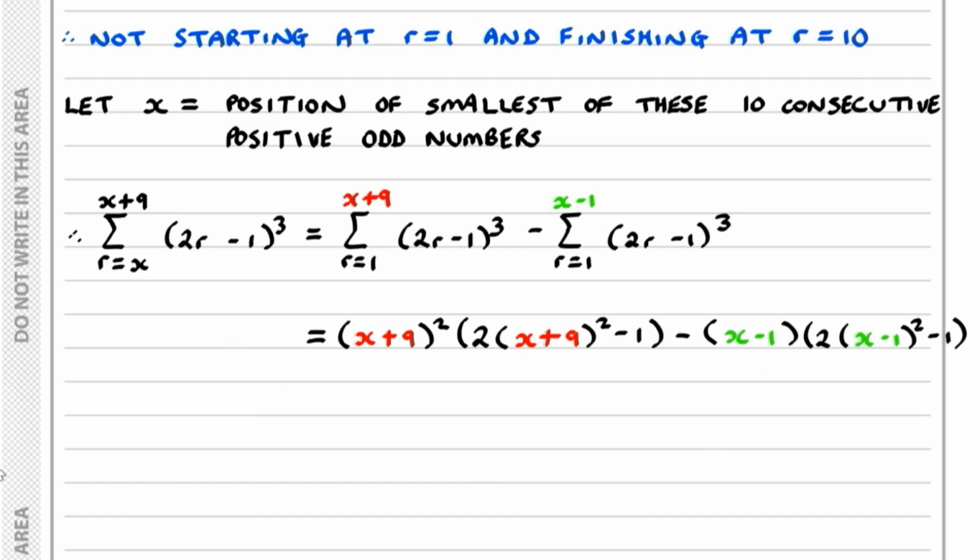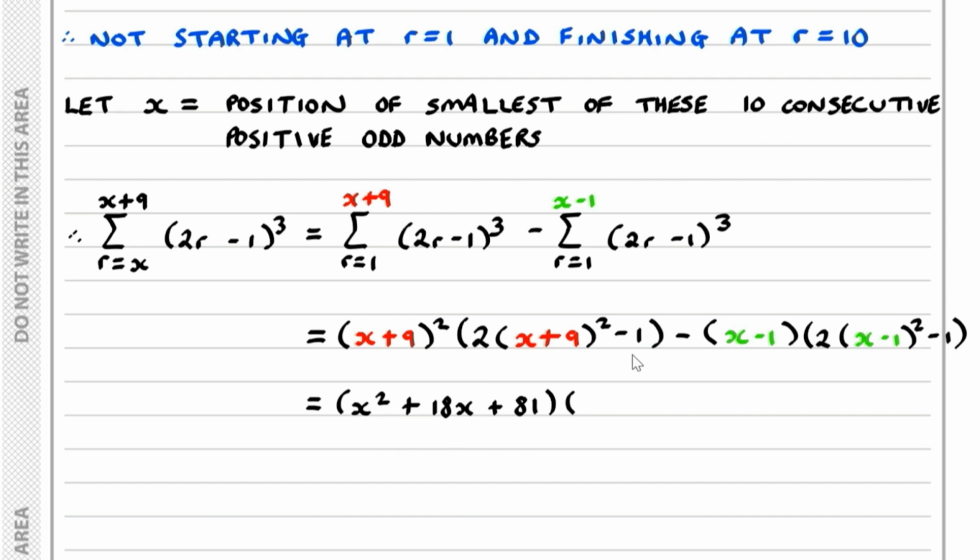And we need to tidy all of this up. So (x plus 9) all squared, that's x squared plus 18x plus 81. And then inside this bracket, well, we've got 2 lots of this minus 1.